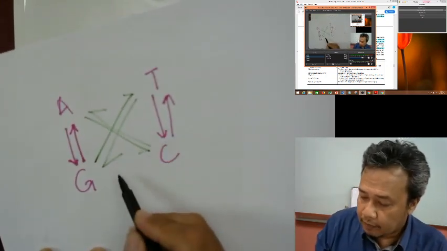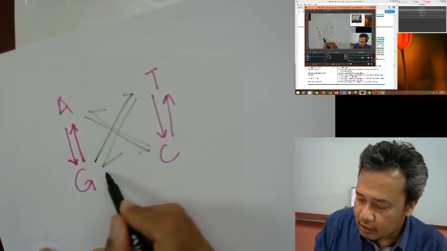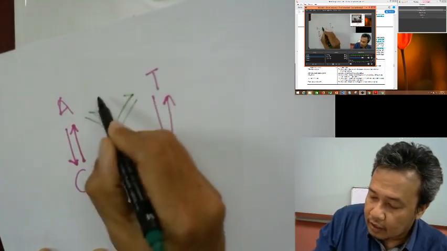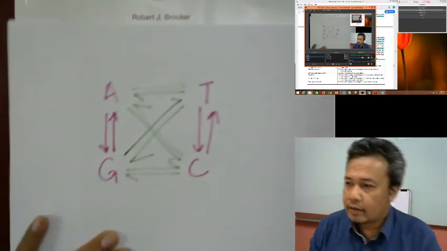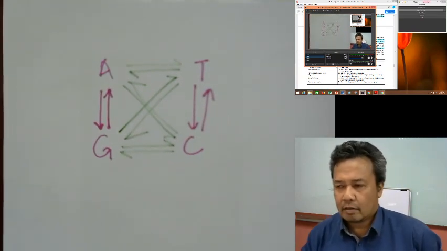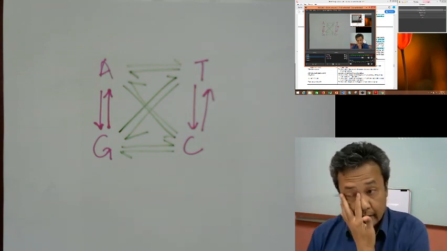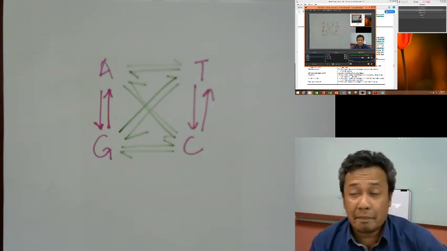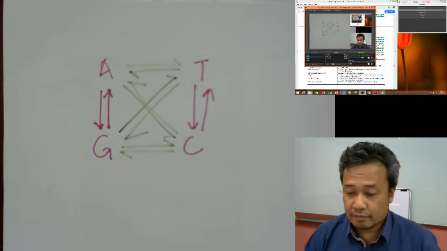Also, G can change into a C, C can change into a G, A can change into a T, T can change into an A. Correct? So how many transitions and how many transversions?